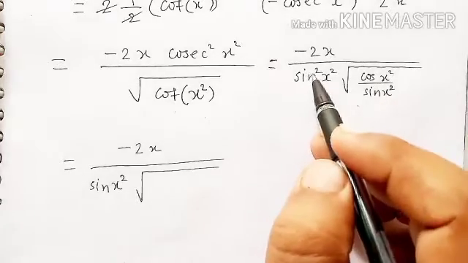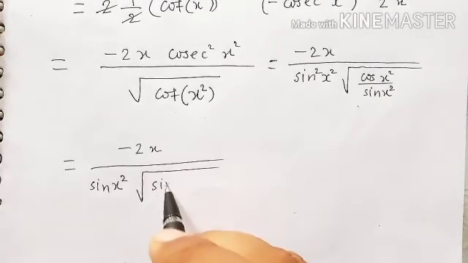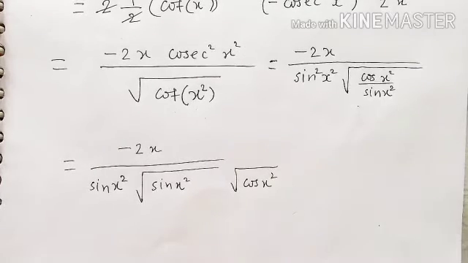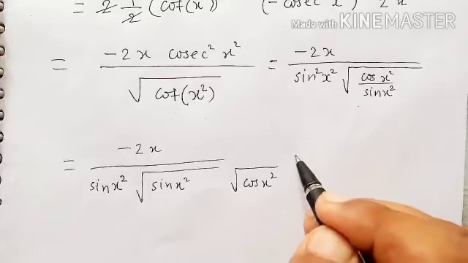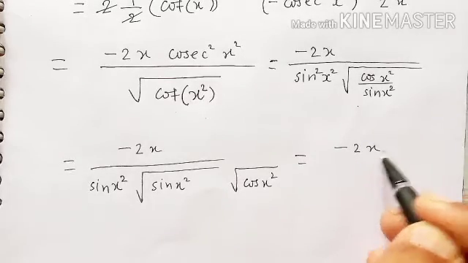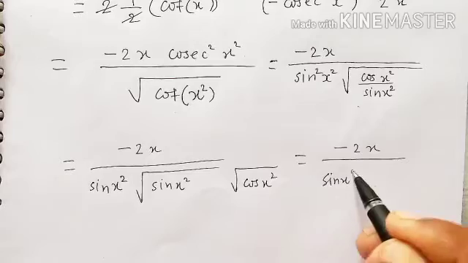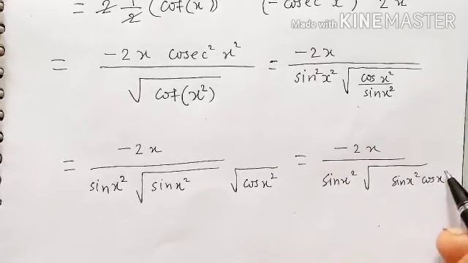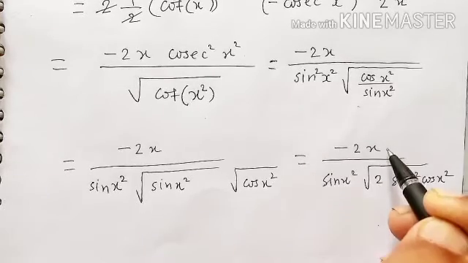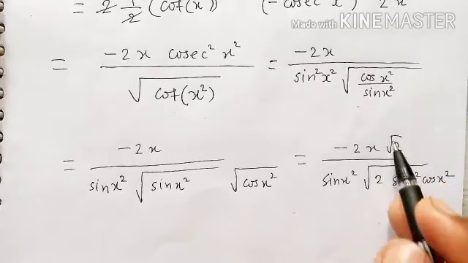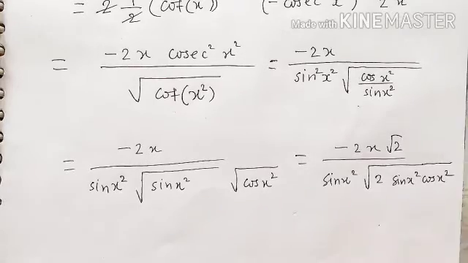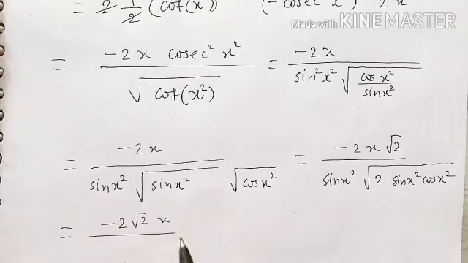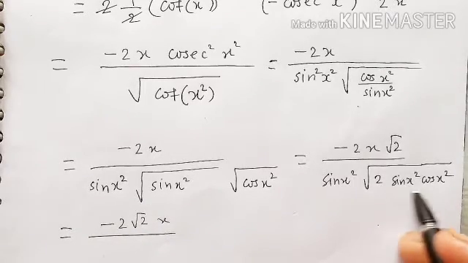Here 1 sin x², so we get sin x² cos x². Now this is minus 2x, sin x² cos x². We can multiply with root 2 above and below. So this is minus 2 root 2 x divided by, here we know that 2 sin theta cos theta is sin 2 theta.